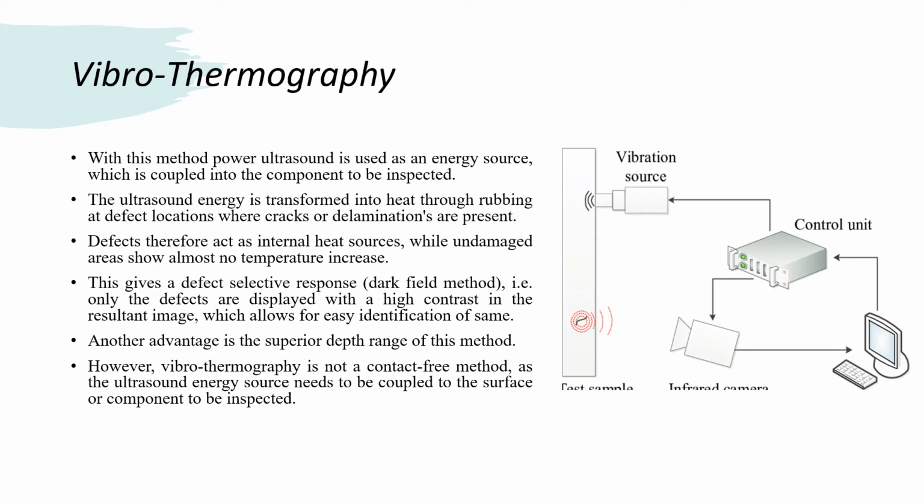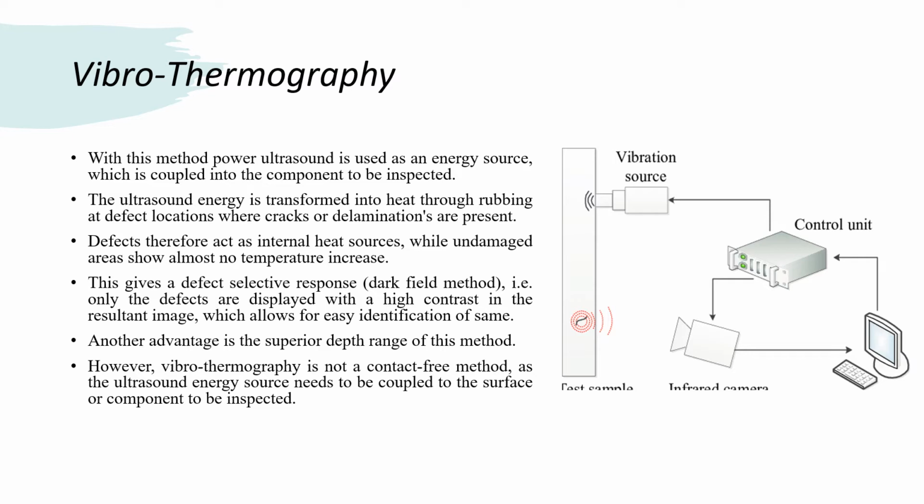Here is the picture of this method. This is the test sample. This is the vibration source, the control unit. This is the infrared camera, and this is the PC. This vibration source, the ultrasound energy, is coupled with this test specimen and creates ultrasound energy through the vibration.